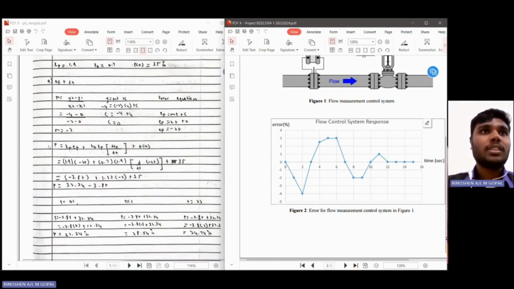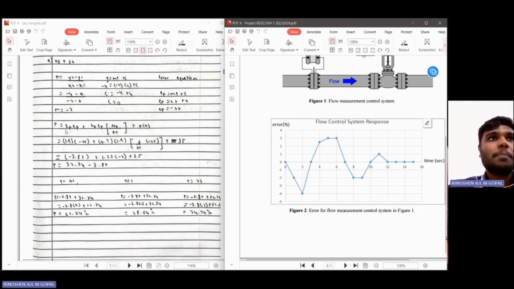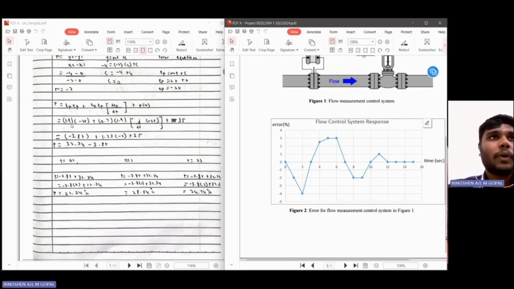The formula for this one is P equals Kp EP plus Kp Kd d(EP) over dt plus PO. We substitute 1.9 as Kp, EP equal to -2t, Kd as 0.7, Kp as 1.9, d over dt of (-2t), plus 35.